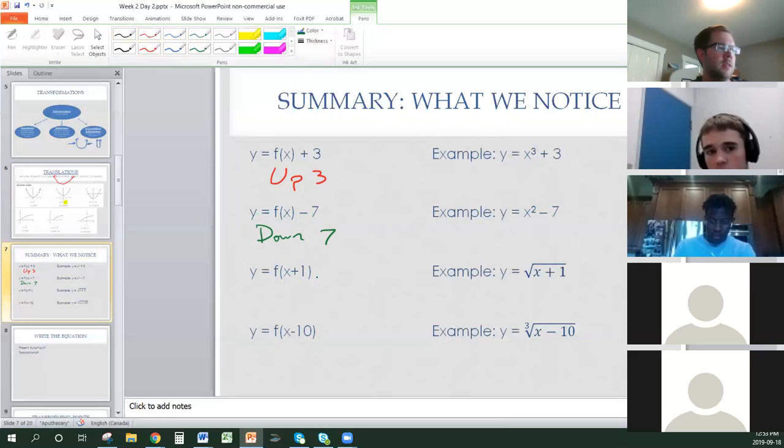Aaron, what will happen in this one? It will move along the x-axis by 1. Sorry, did you say left 1? Yes. Perfect. And again, notice how that +1 is inside the function.